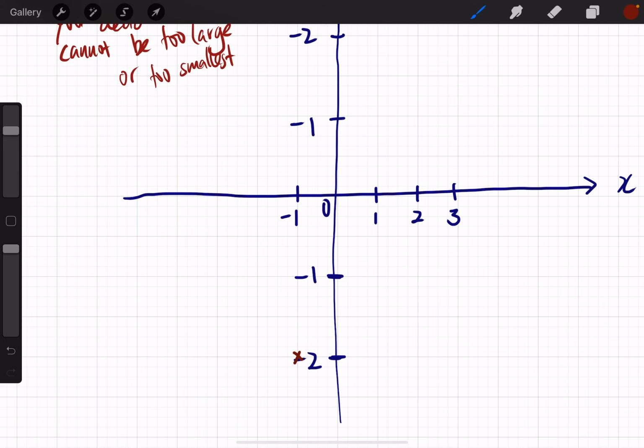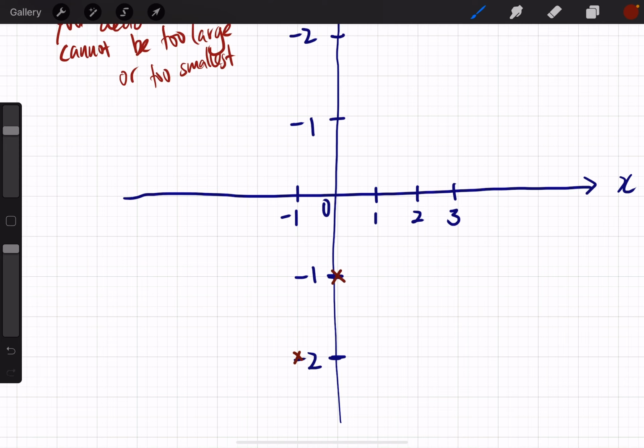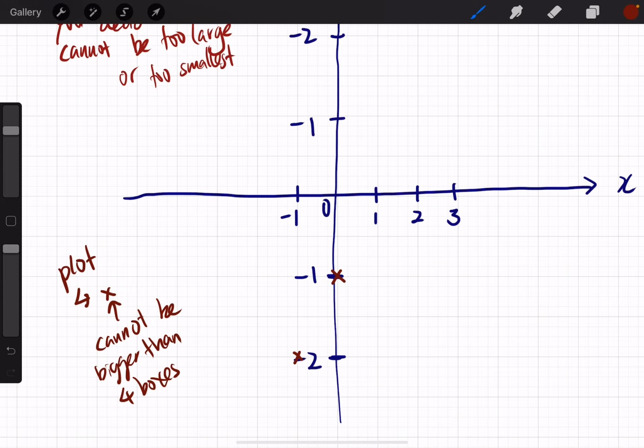So my first coordinate is here. Second coordinate, when my x is 0, my line is not really at the center, so I just have to adjust it myself. When you draw the cross, you must be very careful, because when you are plotting, your cross cannot be bigger than the 4 boxes you are drawing in.